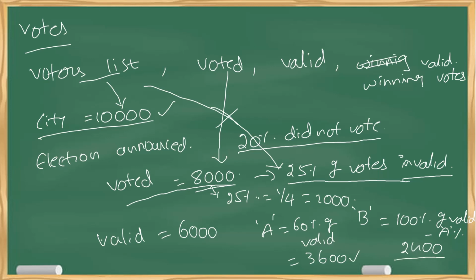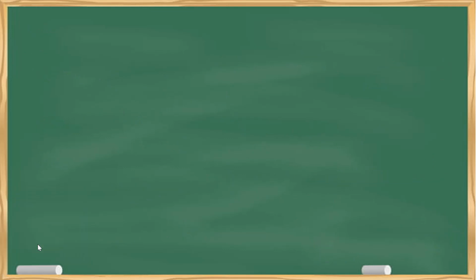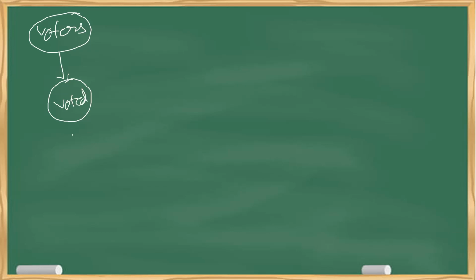So the flow of information here is a simple concept. First, the voters list in the city. From that, a few did not vote. So finally, we see how many voted. And in the voted also, there will be some votes which are invalid. So valid votes.